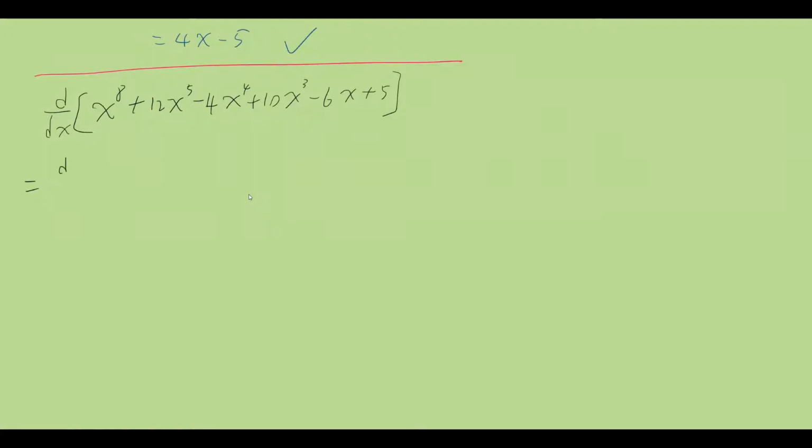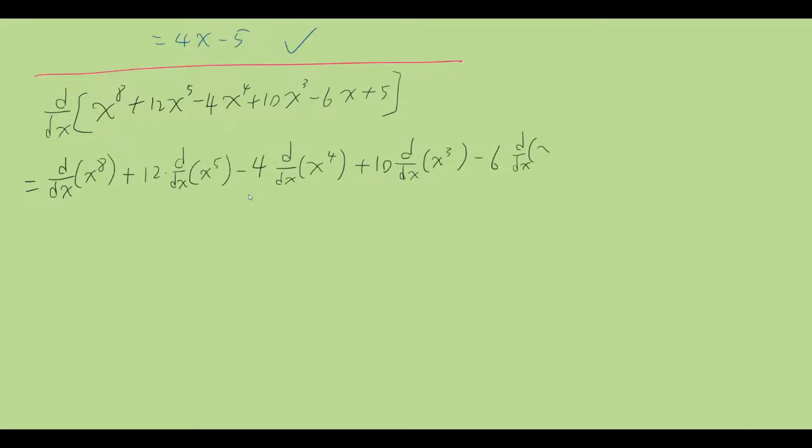First, I'm just going to take the derivative of x to the power of 8 plus 12 times the derivative of x to the power of 5 minus 4 times the derivative of x to the power of 4 plus 10 times the derivative of x to the power of 3 minus 6 times the derivative of x, and plus the derivative of 5. Okay, and let's see what we have in each.